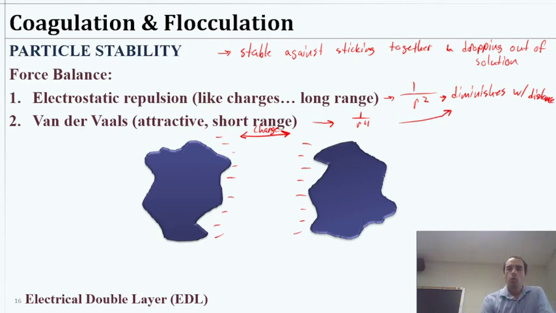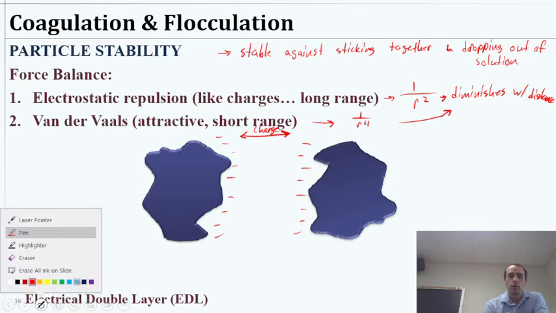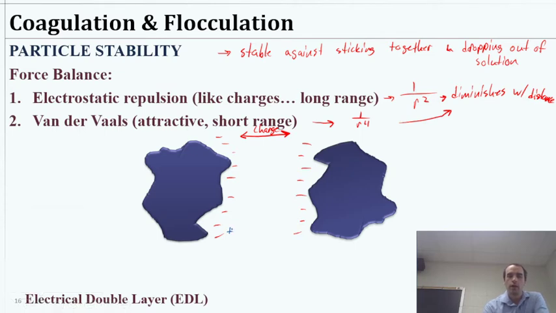Okay, so one other feature of this electrostatic repulsion is the influence of ions in solution. So if we have water with any sort of ions, a little bit of electrolytes, a little bit of salt or whatever, there's an interesting phenomenon that's going to occur where positively charged ions will come and hang out next to the surface because they're attracted, thereby creating a secondary layer of charge here.